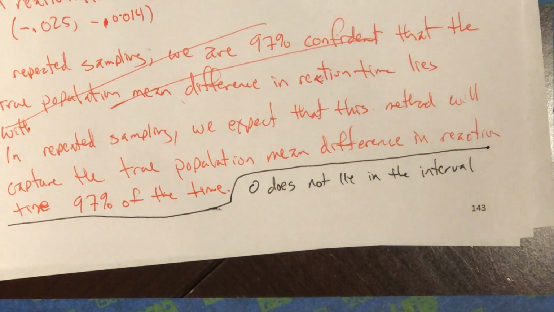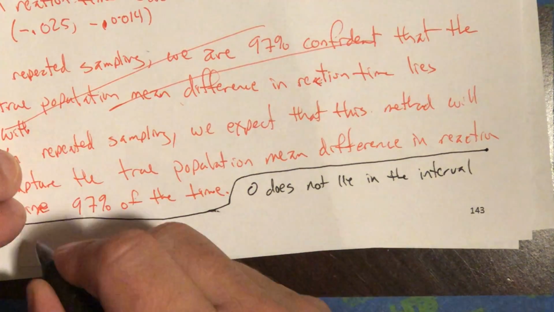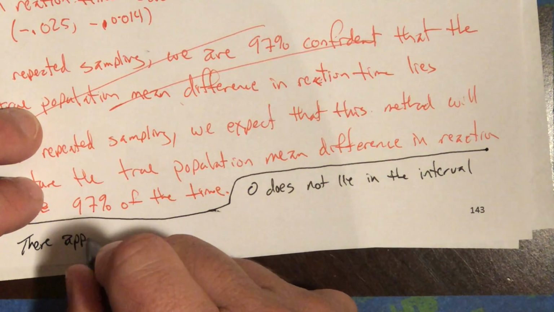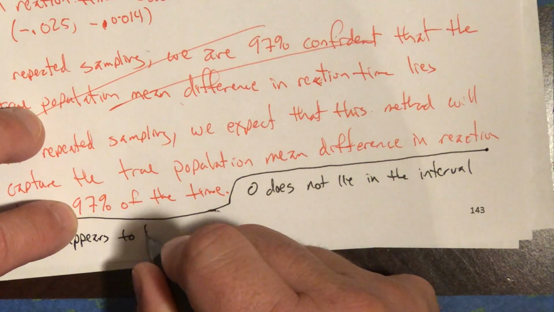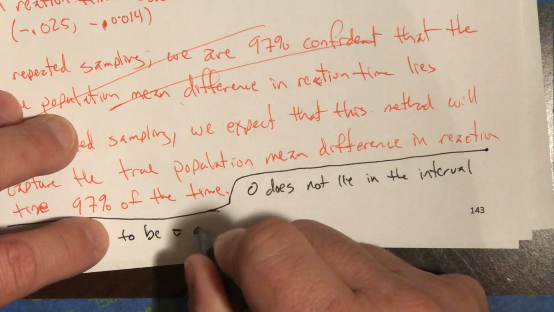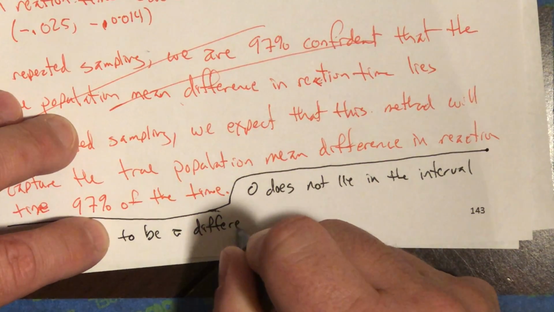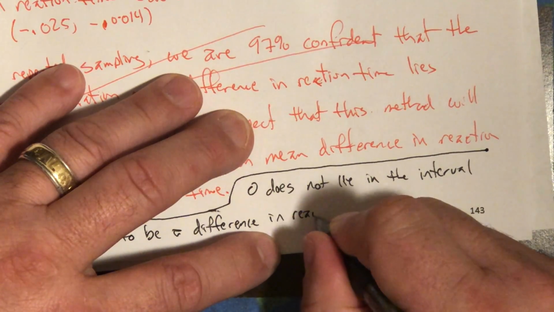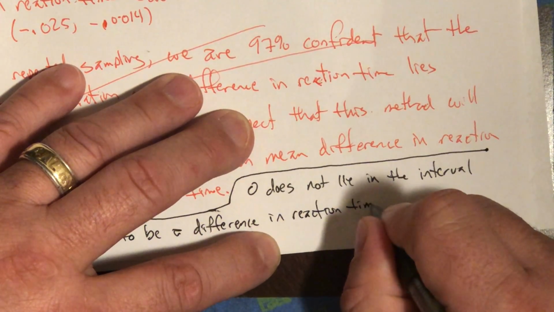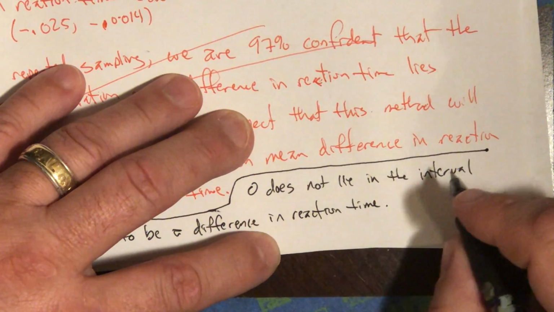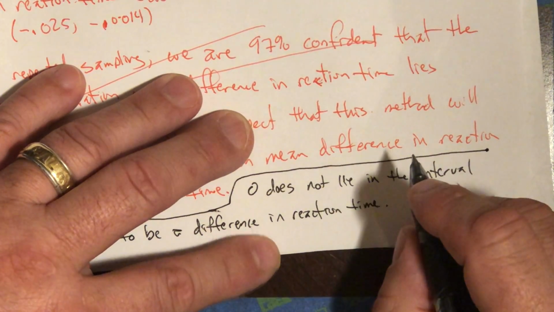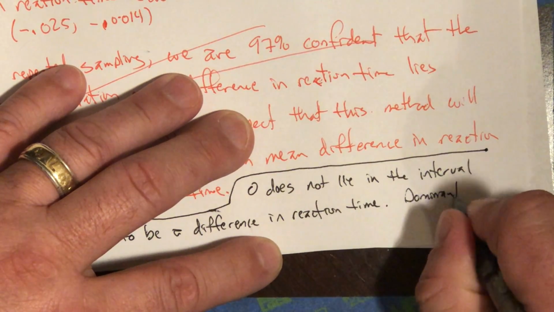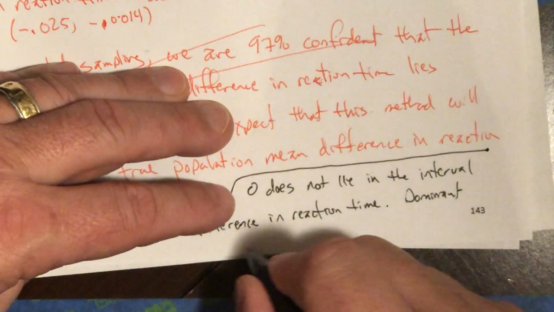So 0 does not lie in the interval; there appears to be a difference in reaction time. It appears that the dominant hand is faster. Dominant is faster than non-dominant.